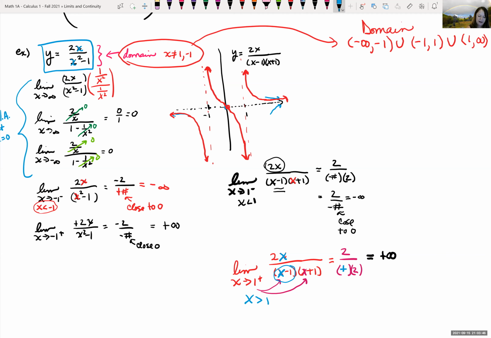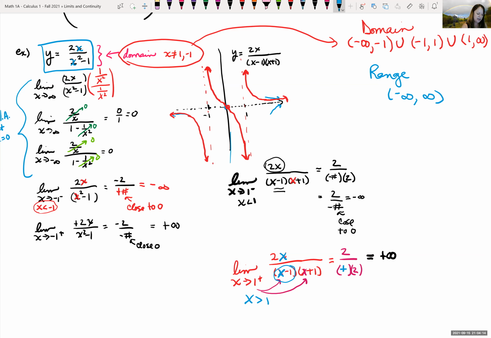And now we're going to look at the range. It's possible to cross a horizontal asymptote, but it's never possible to cross a vertical asymptote. And we found that this actually is crossing our horizontal asymptote. And so our range, if I look at all the y values I'm hitting, there's no y value that I don't hit. I'm hitting everything from -infinity to infinity.